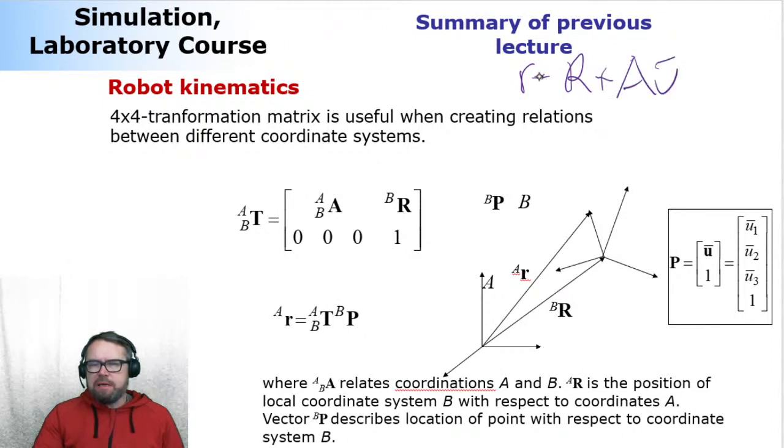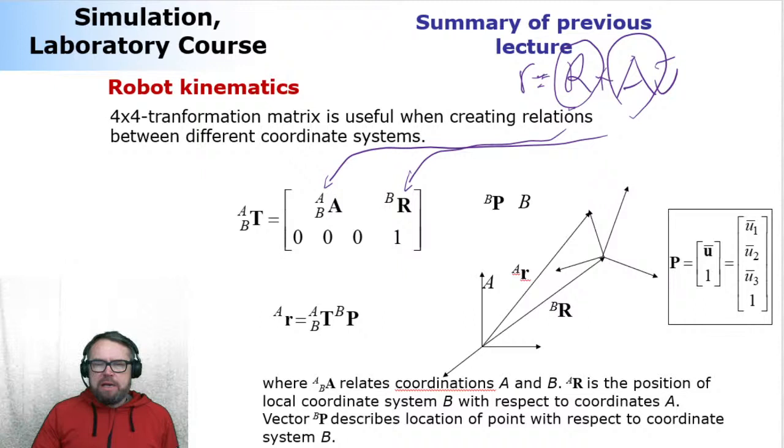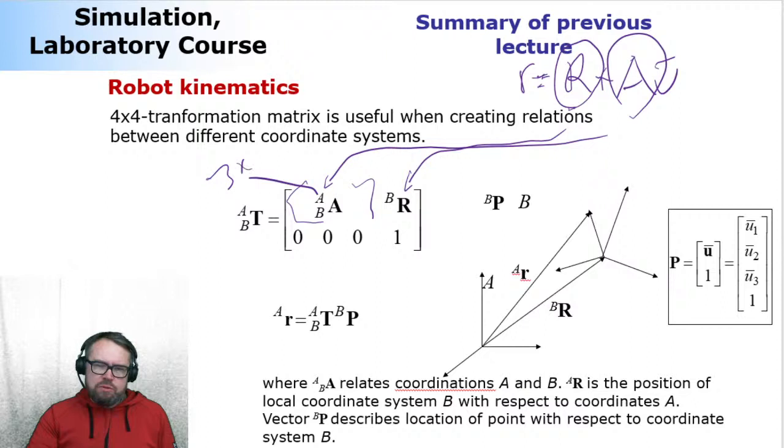This is the kinematic notation we're using over and over again. We took this translational component and we placed that in the upper right corner of the 4x4 transformation matrix. And then we took this 3x3 rotation matrix and we placed that in the upper left corner.